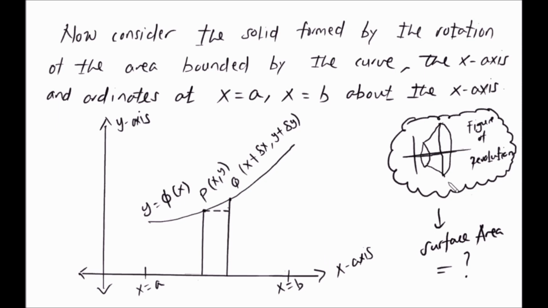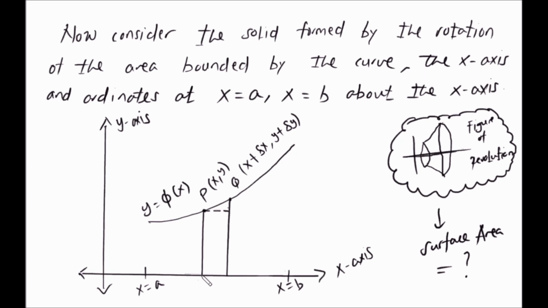So now I want to derive a formula for area of surface of revolution, or surface area of figure of revolution. So umeiona hii curve y is equal to psi x. Consider point mbili, point P x, y na point Q x plus delta x, y plus delta y.